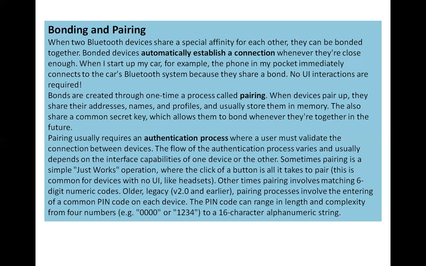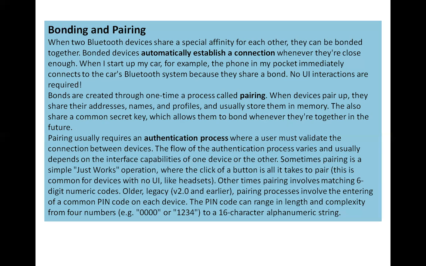Bonds are created through a one-time process called pairing. When devices pair up, they share their addresses, names, and profiles and usually store them in memory. They also share a common secret key which allows them to bond whenever they are together in the future.